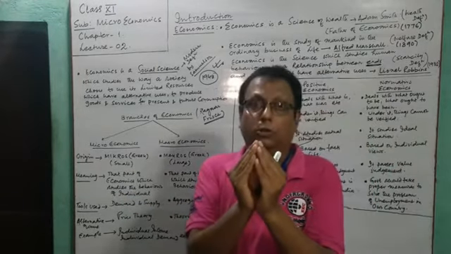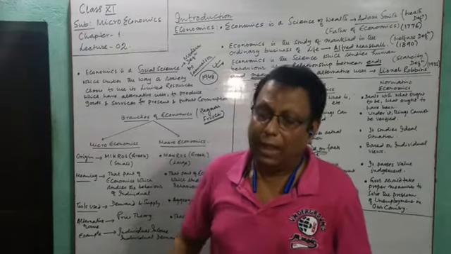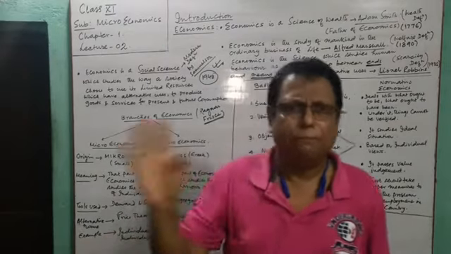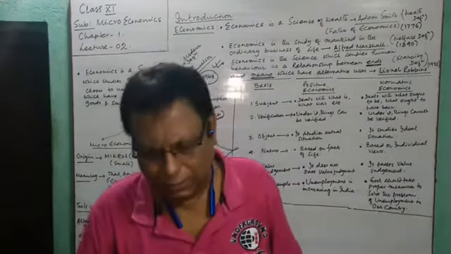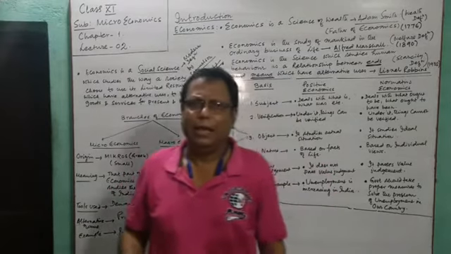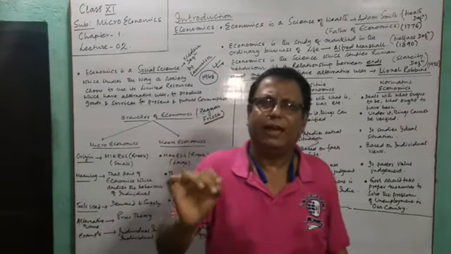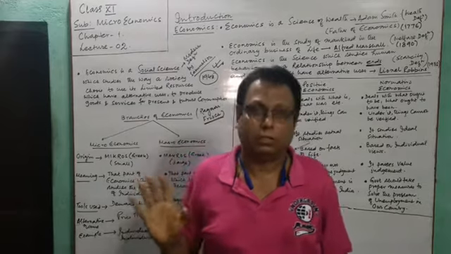Micro means small. For example, I work somewhere and I get 25,000 rupees in a month.